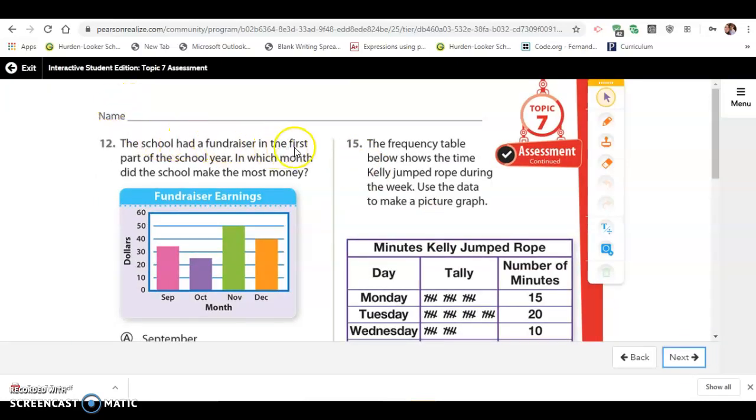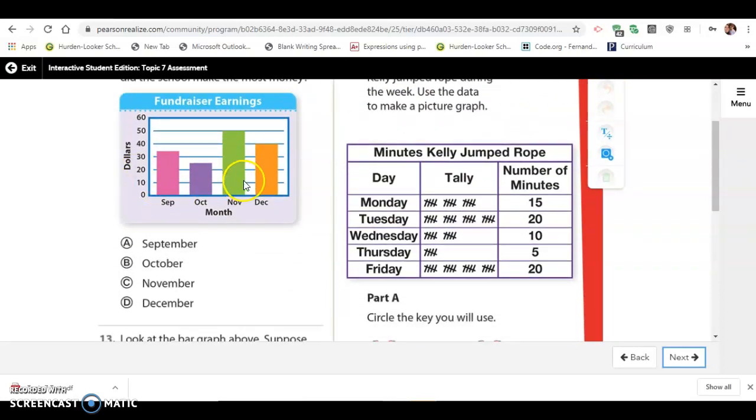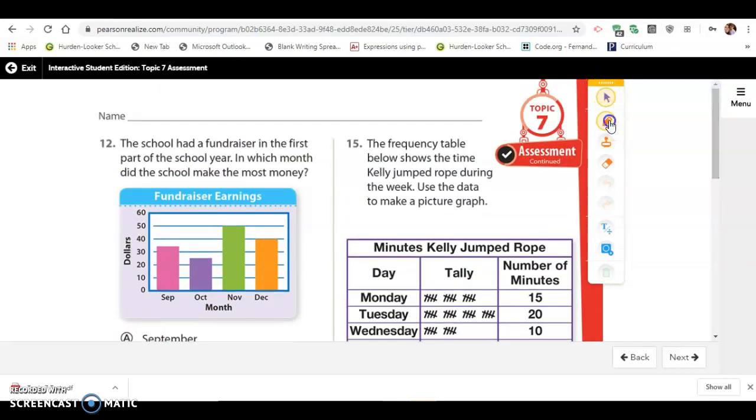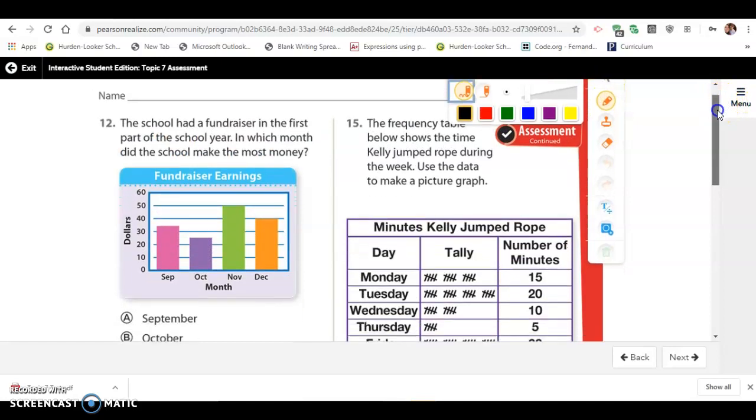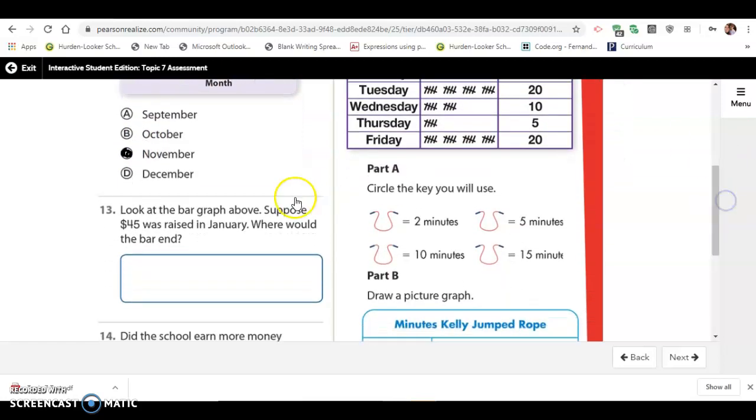The school had a fundraiser in the first part of the school year. In which month did the school make the most money? So that would be the tallest bar, and the tallest bar is November, so we fill in November. And then look at the bar graph above.